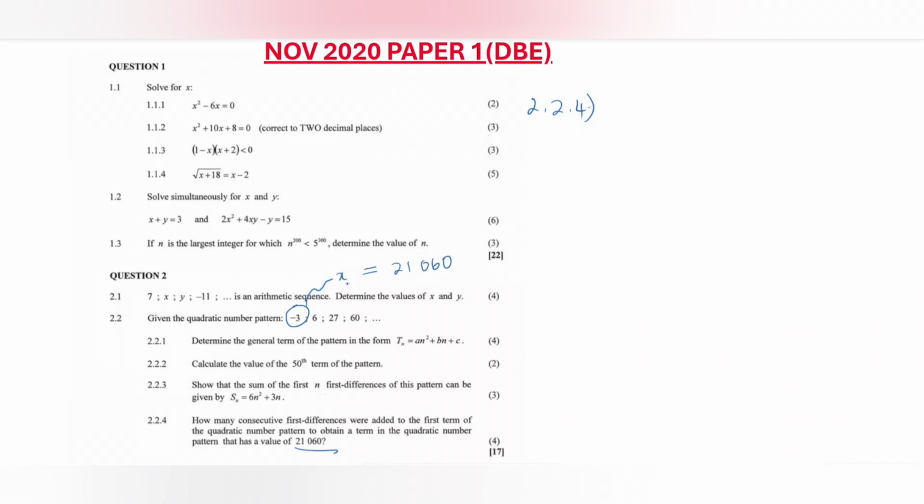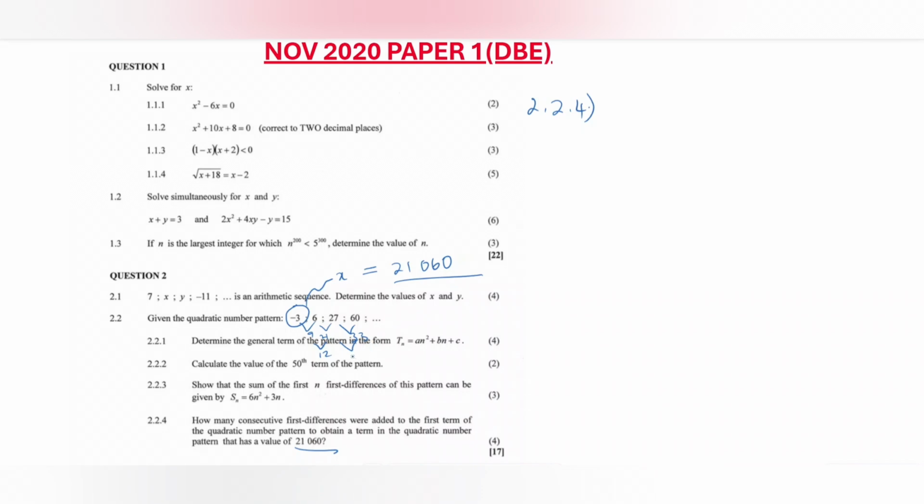This amount that we are adding is what we need to know, which is part of the differences here, 9, 21 and 33. We want to see how much we are going to add from the first differences that are forming a linear pattern from 9 up to infinity. We don't know where it will end, for us to get the sum of 21,060.